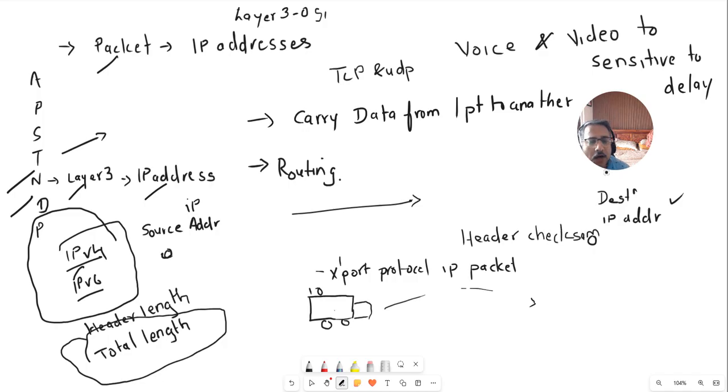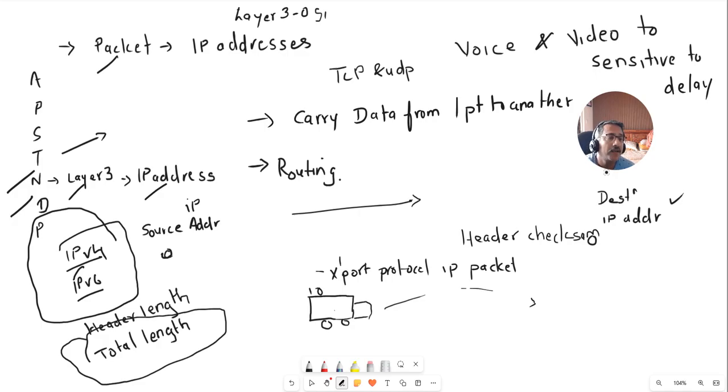It calculates a number based on the header information and puts that number in the packet. When the packet reaches the destination, the destination router or machine will again calculate the checksum. If it is the same, that means the IP header has not been tampered with, so the integrity is maintained.